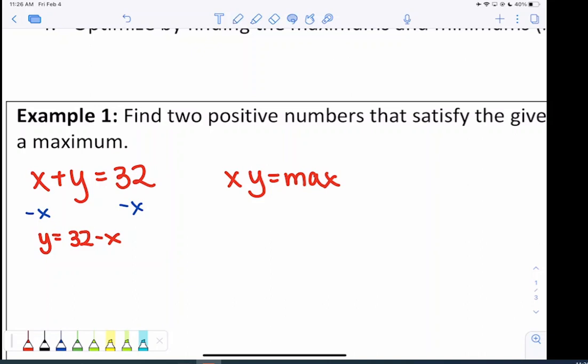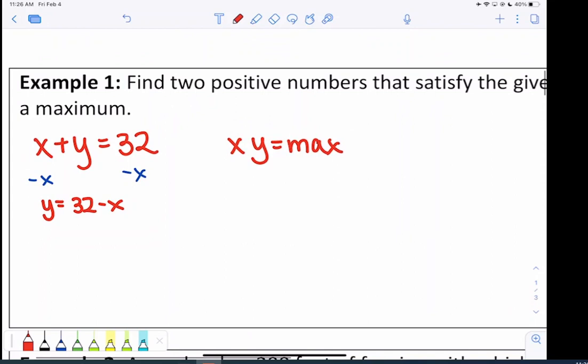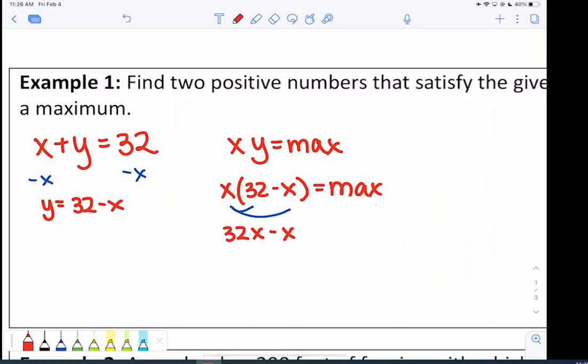Now when I come over to my equation that I want to maximize, I'm going to replace or substitute my y with 32 minus x, and that will equal my maximum. And then I can go ahead and distribute as well. That way I still don't need to use the product rule. If I distribute, then I can just end up using my power rule. 32x minus x squared equals my max.